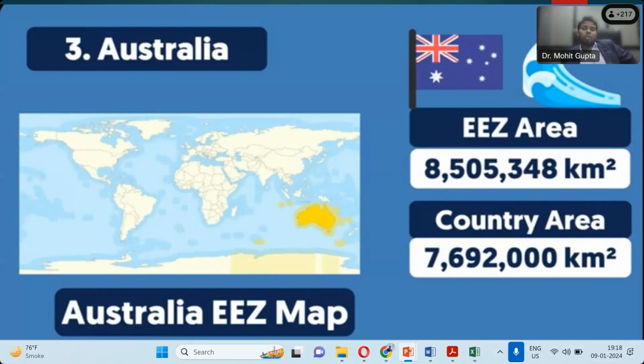So from all this data, what we can convey to our students is that this concept of exclusive economic zone has been beneficial. Now the largest beneficiary of this concept have been those developed countries. The data shows this. Although during the negotiation of the Law of the Sea Convention, it was developing countries who demanded that there should be an exclusive economic zone till 200 nautical miles from the baseline.